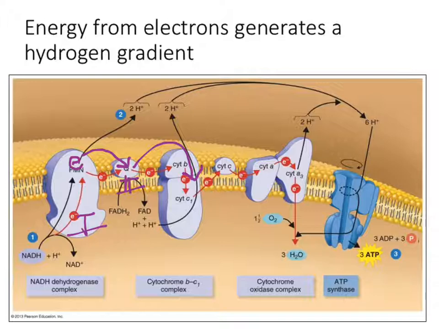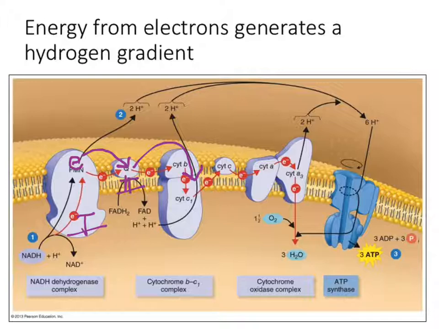What type of transport? Active, passive, facilitated? Has to be active. And there's a couple of things that we can use as our guides here, if you'll remember from our conversations earlier last week. 1, the electrons provide the energy. 2, what's true about the direction in which those hydrogen ions are moving?